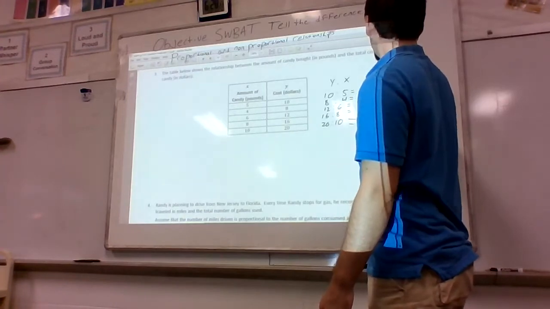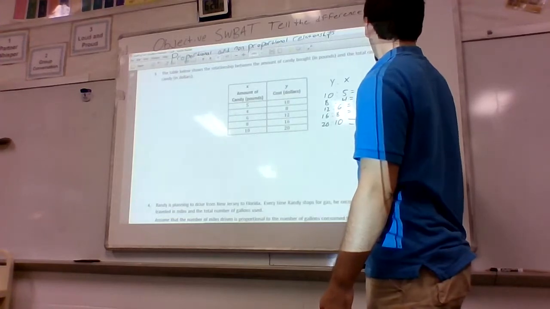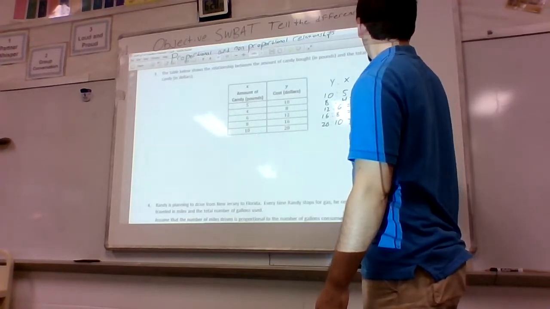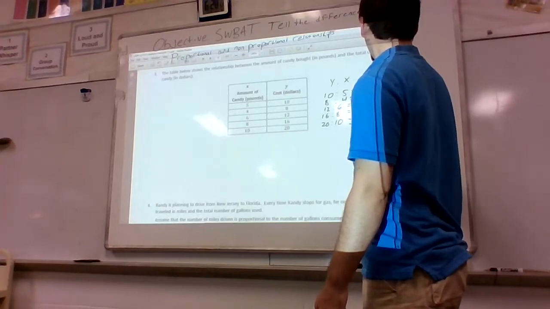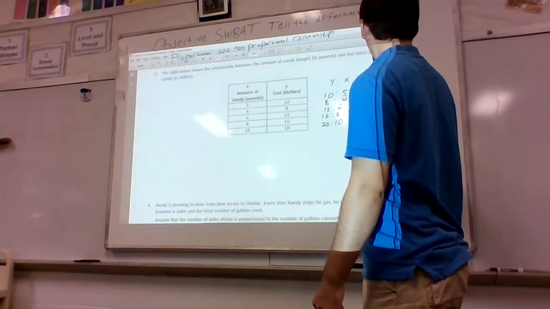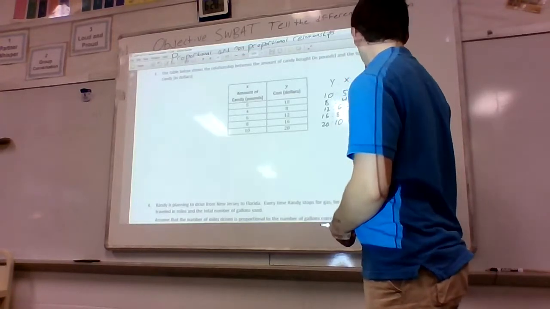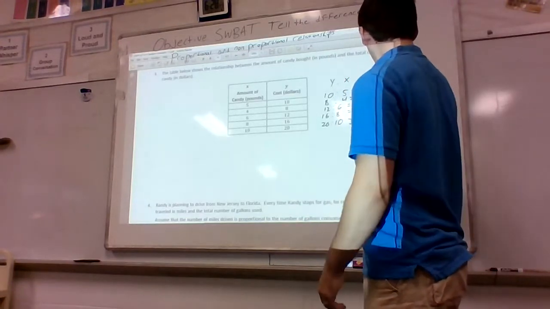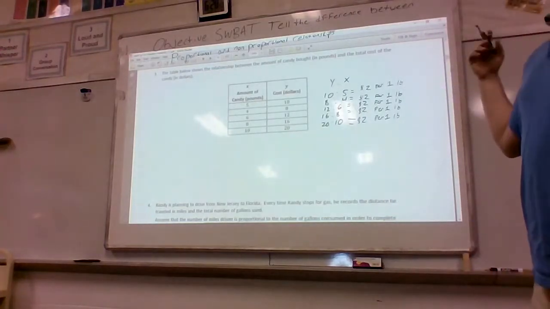I'll just write my ones like that. 1 pound per 1 pound per 1 pound. Saying pound made me write a P. 1 pound.